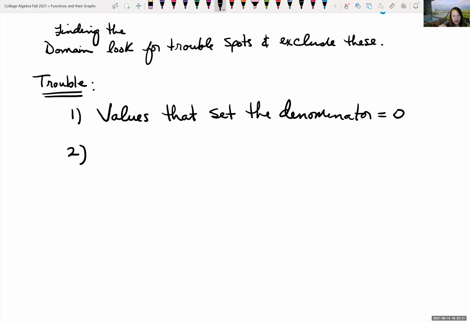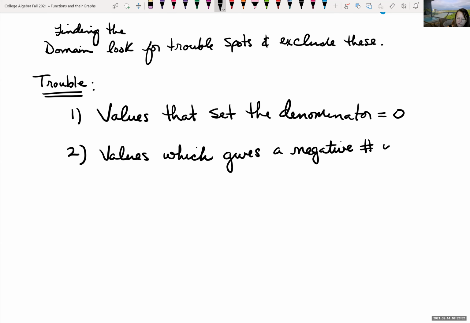We can't have a negative underneath an even powered radical. So negative values, which give a negative number under an even powered radical.